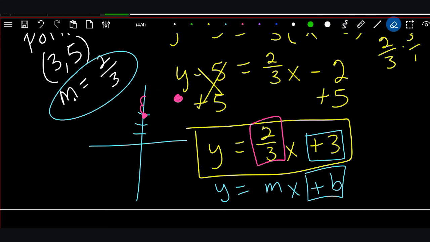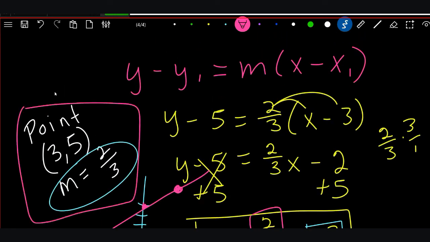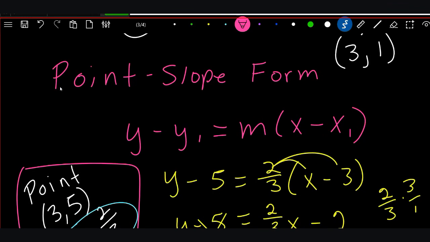And then you can draw your line. I'll just draw a rough graph right there. And so that is graphing from point slope. Okay, so that's point slope form right there.